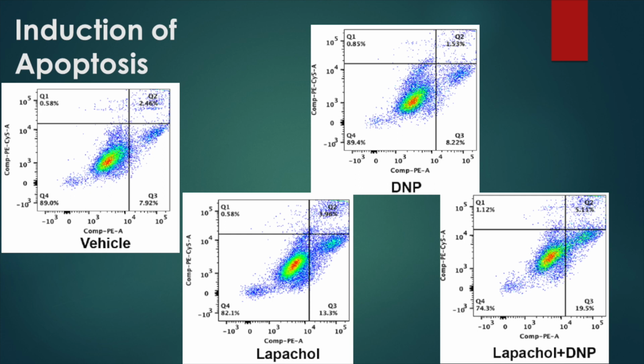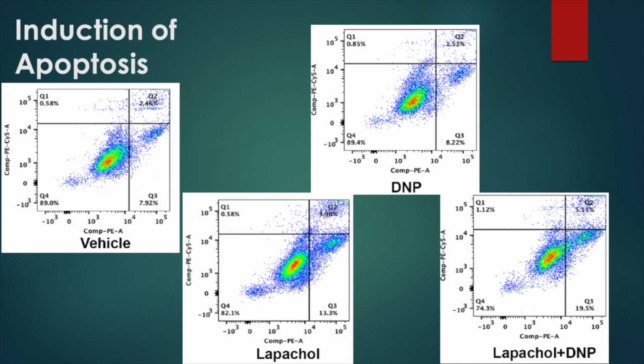From this graph what you have seen is Lapacol at different concentrations. We used 5 micromolar Lapacol as well as 10 micromolar Lapacol along with the purified enzyme. From the graph what we could observe is that PKM1 enzyme, that is the tetrameric enzyme, the normal enzyme that is present in normal cells, was not inhibited.